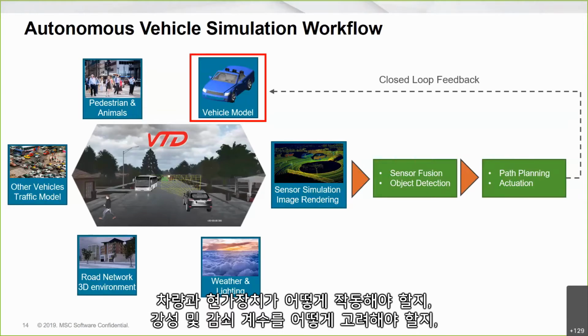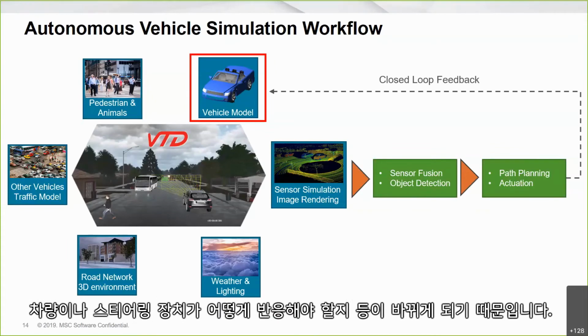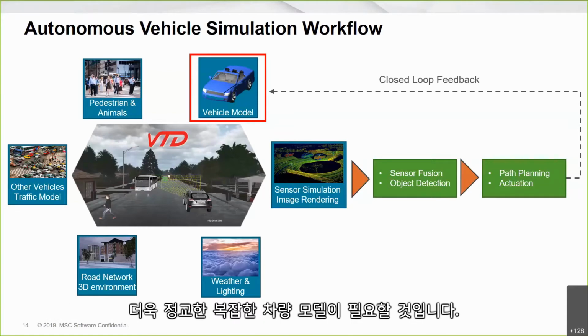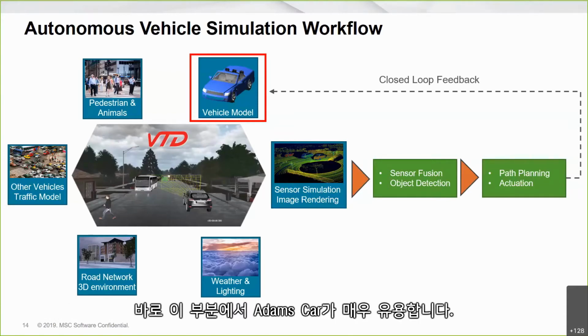The complex suspension system, how you take stiffness and damping coefficients into account, and how the chassis and steering are going to react. When you are working with those more complex issues, and if you want to see how sensors are reacting to that, then you will need a more complicated vehicle dynamics model, and that's when Adams Car comes into play.